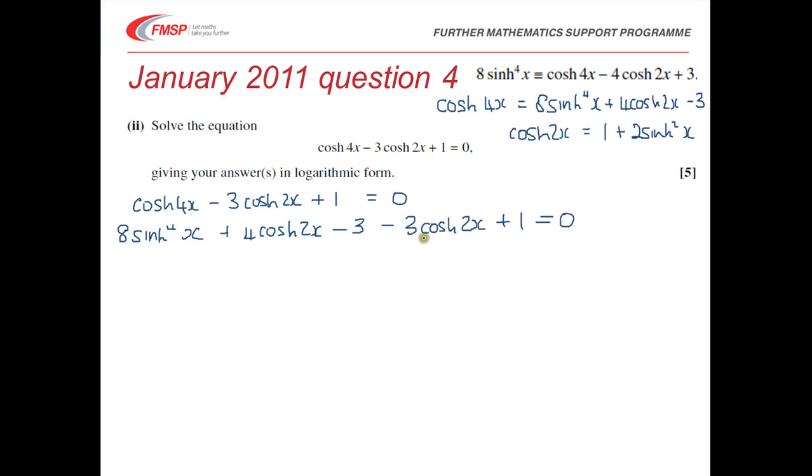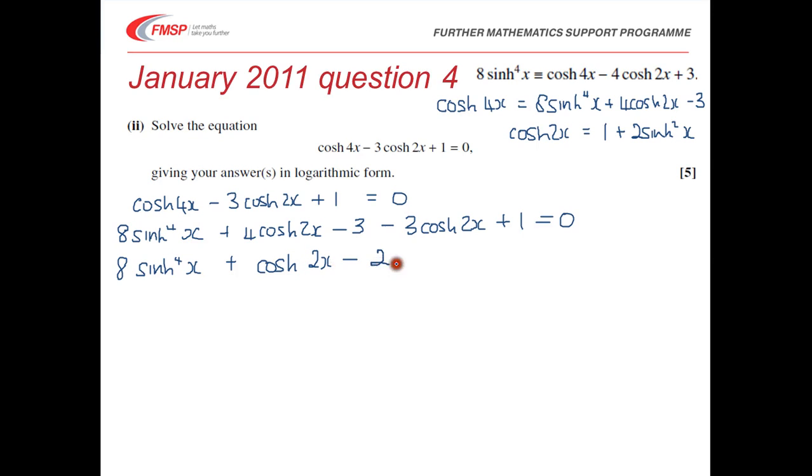And now what I'm going to do is substitute in here and bring the minus 3 and the plus 1 together. So we'll get 8 sinh to the 4x. We've got 4 cosh 2x there and 3 cosh 2x there, so that's 1 cosh 2x. Maybe just do this in 2 lines.